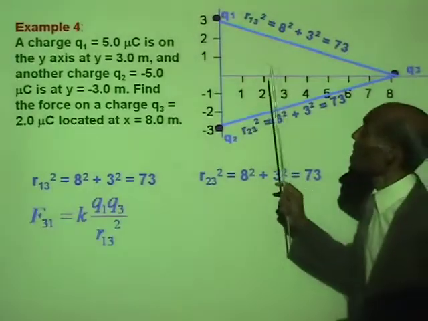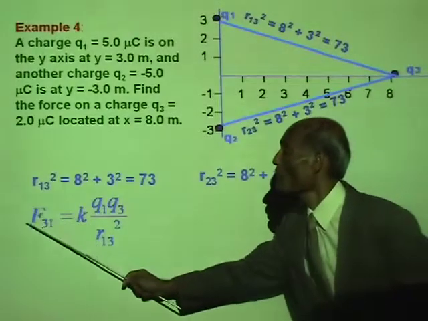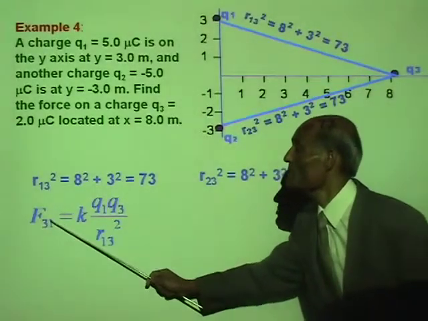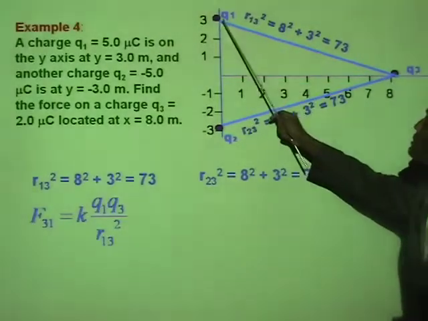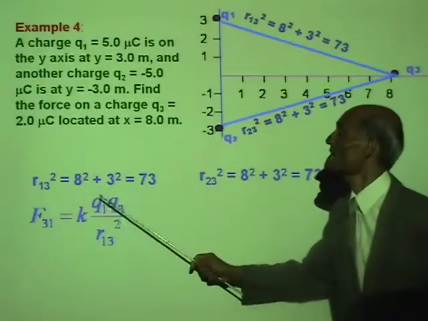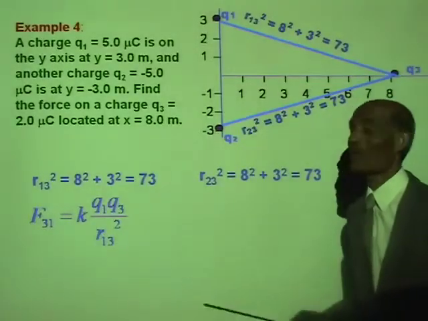Okay, F31, what does F31 stand for? Force on Q3 by Q1. Force on Q3 by Q1 is K Q1 Q3 over R13 squared.